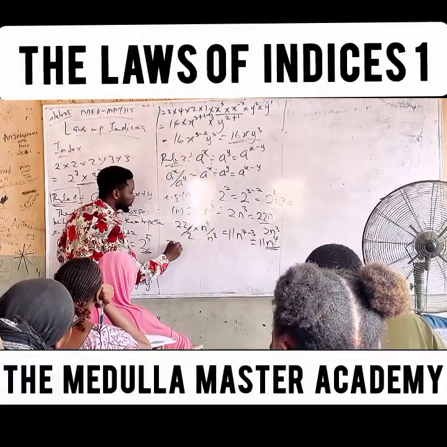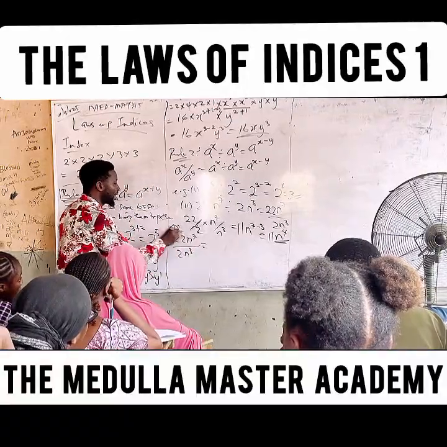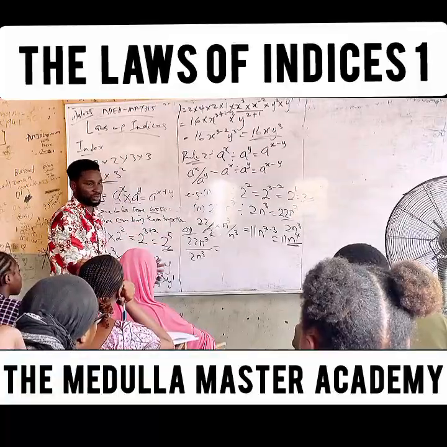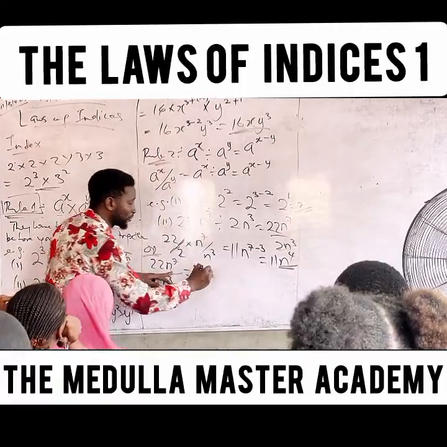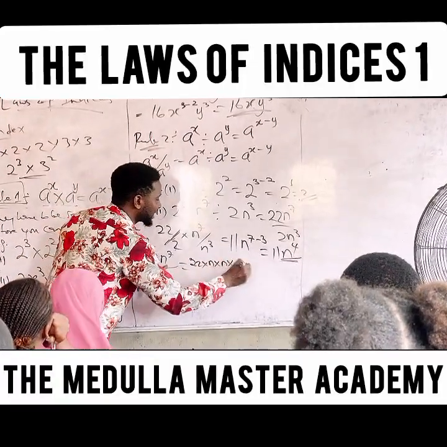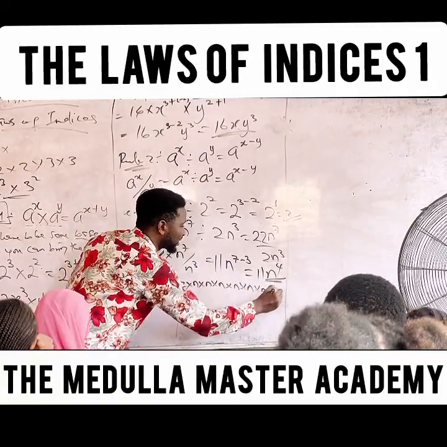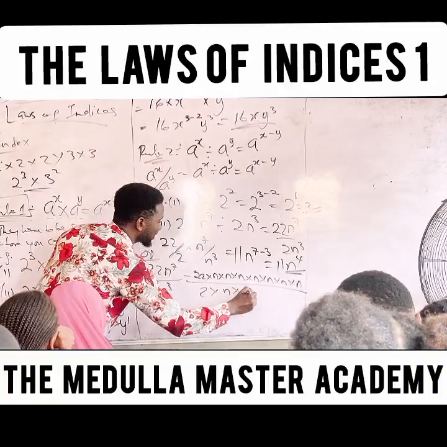Now this is what you are saying: 22n raised power 7 over 2n raised power 3. This is the primary school or JSS 1 method, which will tell you that 22 times n times n times n times n times n times n times n, n 1, 2, 3, 4, 5, 6, 7, and this is 2 times n times n times n.